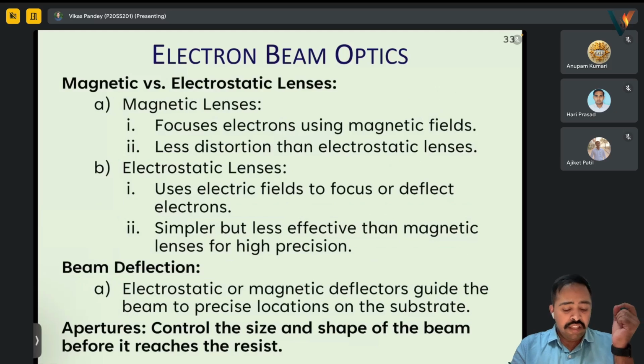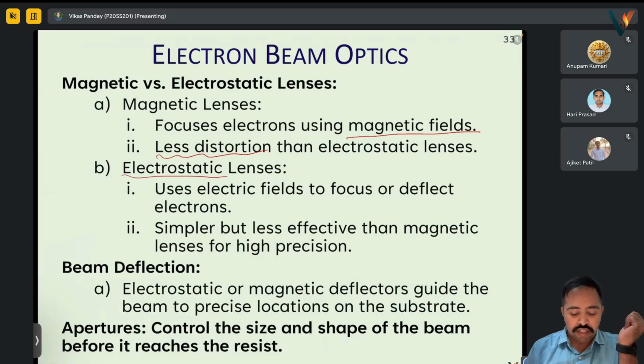Then there are two types of electron beam optics. One is magnetic lenses, the other is electrostatic lenses. Magnetic lenses use a magnetic field, which leads to less distortion than electrostatic lenses. Electrostatic lenses have an electric field that will focus and make the beam move in a different direction.